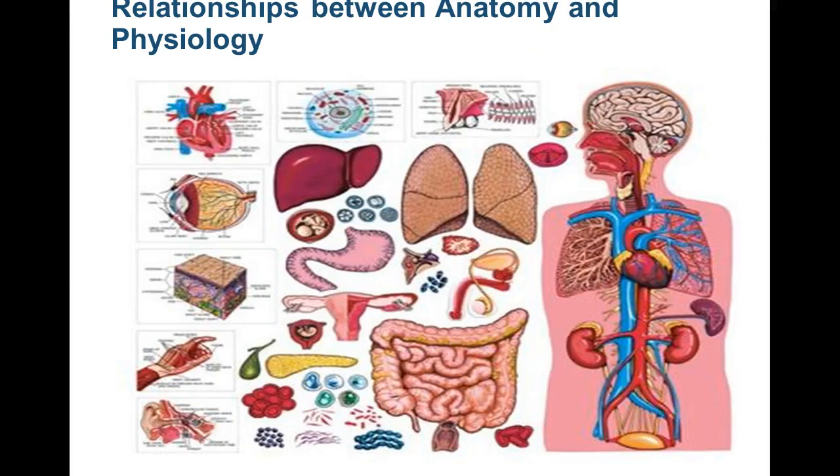Now, I talked a little bit about the relationship of anatomy and physiology, and just to re-emphasize what I said a couple of minutes ago, they very much work together. In the upper left-hand corner of this image, you have a picture of the heart. It's a little blurry. Your picture in your book's much better, but you have a sagittal view of it, showing the blood flow through the heart.